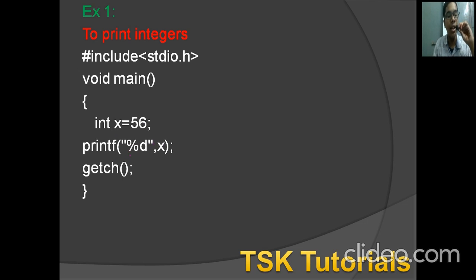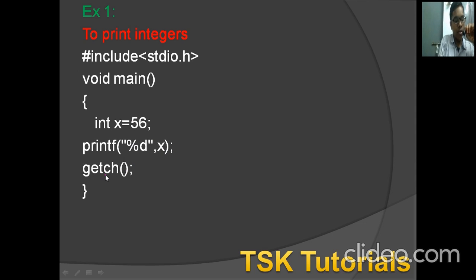As we did not need it, we can simply write it outside. We have to get an integer, and what integer? The one stored in the variable x, and you have to close the parentheses, semicolon at the end of the line. Then give getch, this is the closing part, and the semicolon and the curly braces.